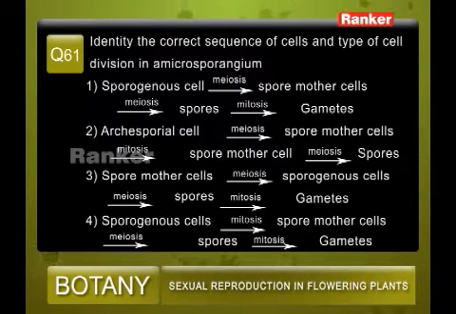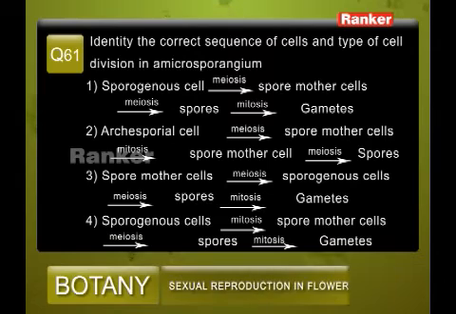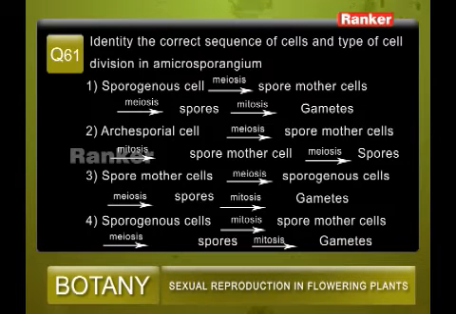Third option, spore mother cells, meiosis, sporogenous cells, meiosis, spores, mitosis, gametes. Fourth option, sporogenous cells, mitosis, spore mother cell, meiosis, spores, mitosis, gametes. So here 4 different options have been given.